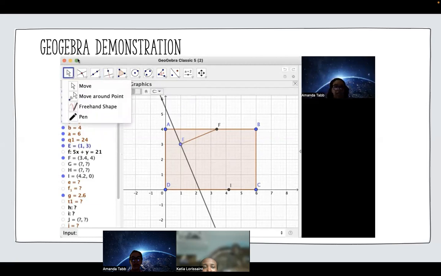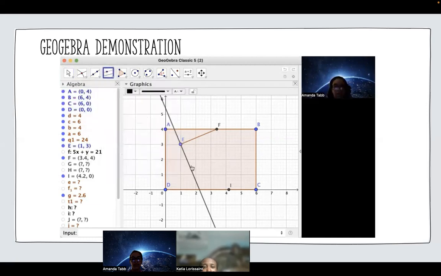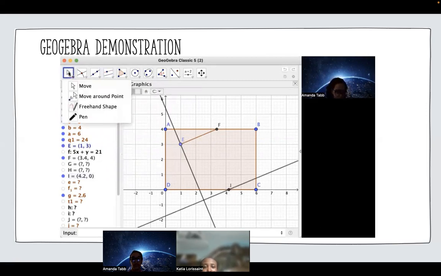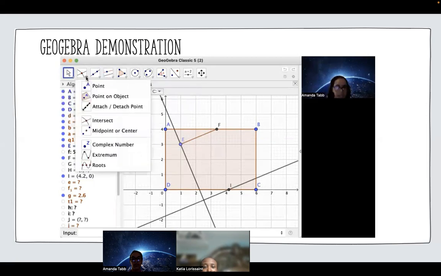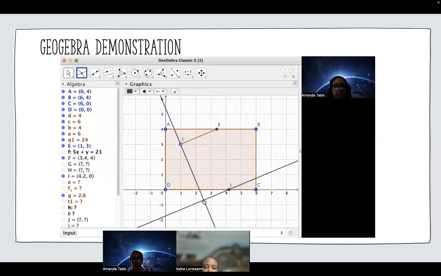And now parallel, like the one before, parallel line to EF passing through I. Here we go. And now we're going to intersect the line down here to make K.